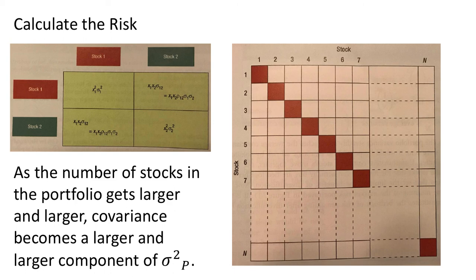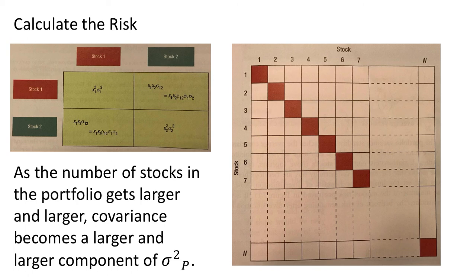Okay, if you look at the chart, the matrix in the upper left corner looks familiar. Stock 1, stock 2 on the left, stock 1, stock 2 on the right. In the upper left, we have the percentage in the first stock squared times the variance of the first stock.